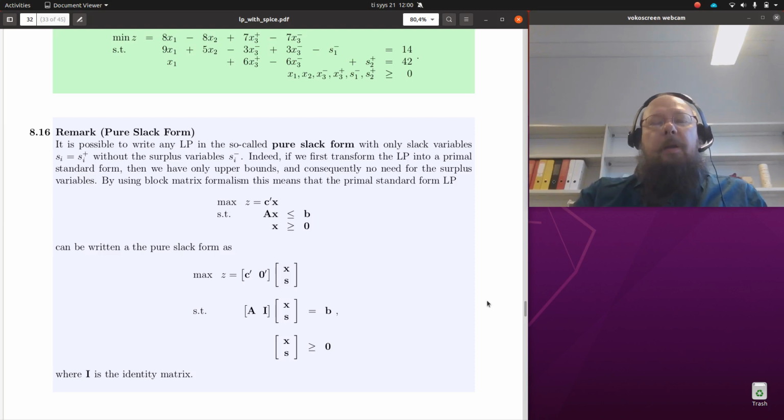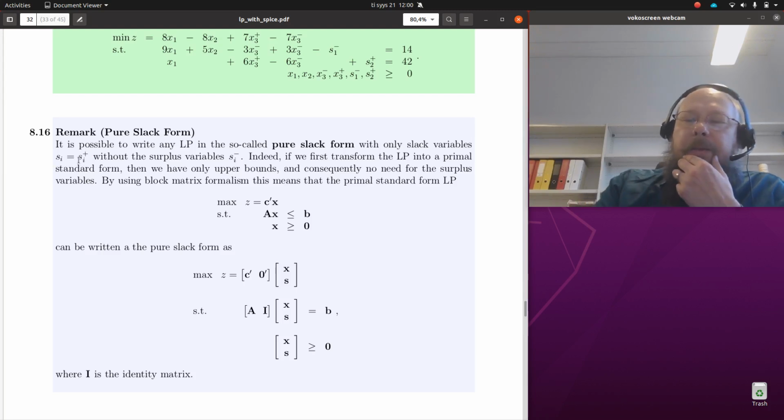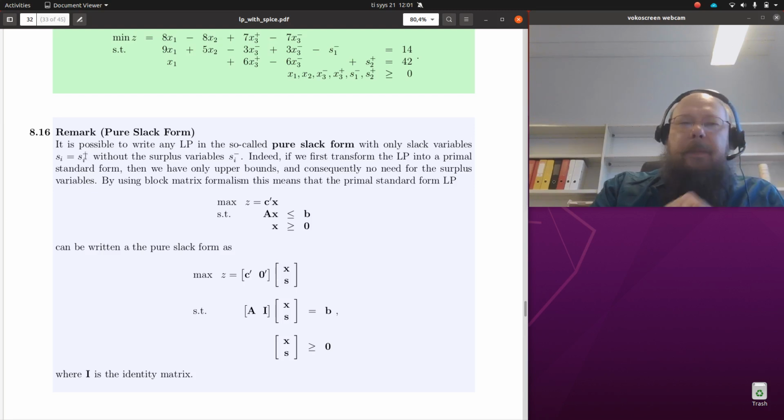So, what's going on here? We only have positive slacks. Let me suppress the notation, the superscript plus here. So S_i will be the slack associated with constraint i, and there will be a plus sign there.